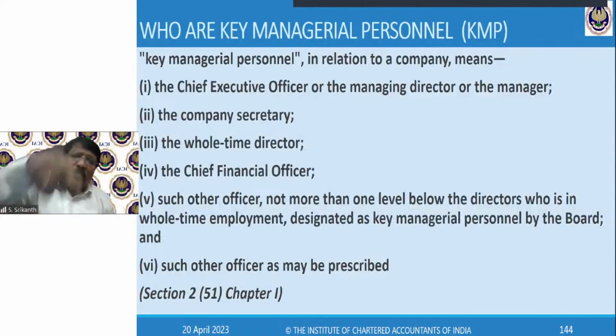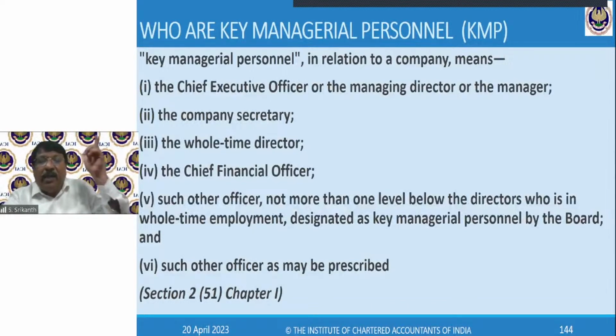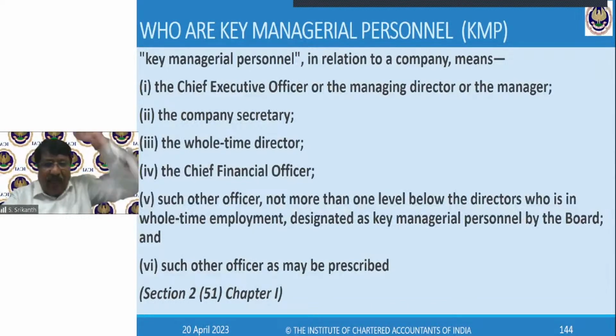For example, the company secretary is already there, but I'll tell you a simple case. The company does not have a CFO, but it has a head of finance, who is not a director and not a CFO. Now, the board has designated him, the head of finance, as a KMP by passing a board resolution. Then that person also will become a KMP.